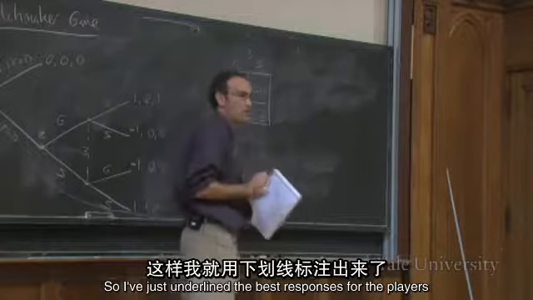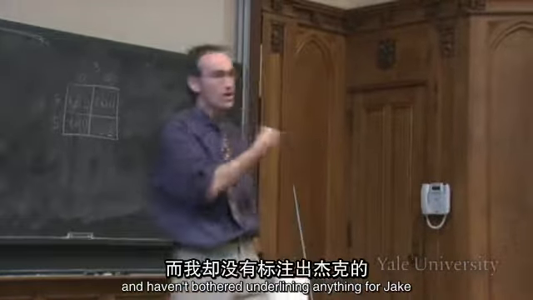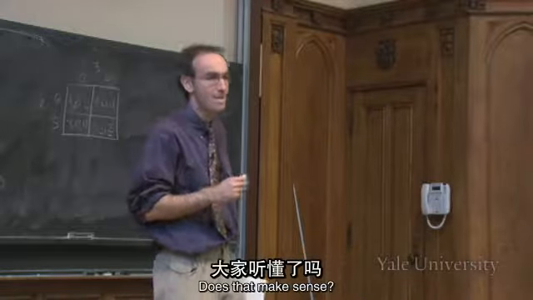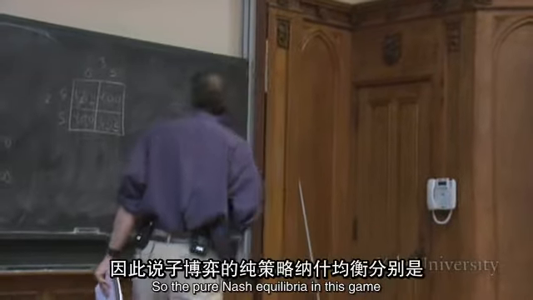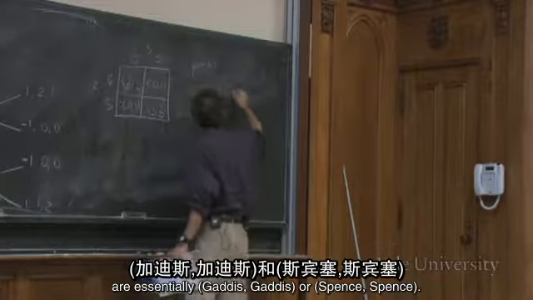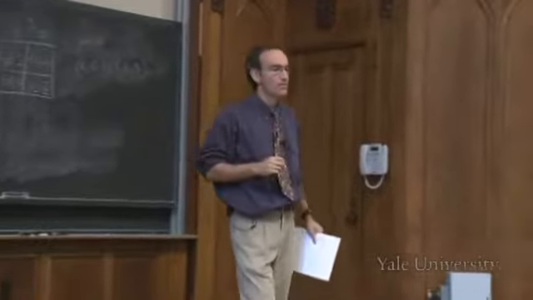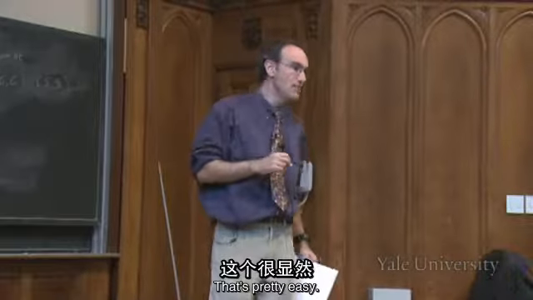I just underlined the best responses for the players who are actually involved in the game. I haven't bothered underlining anything for Jake because he isn't a player in this game. That make sense? So the pure Nash equilibria in this game are essentially Gaddis, or Spence. That's pretty easy.